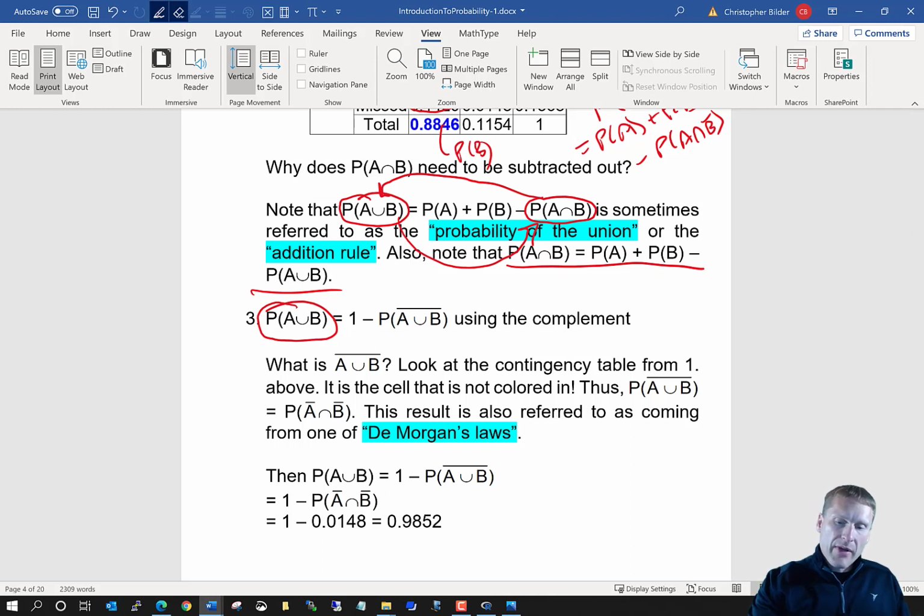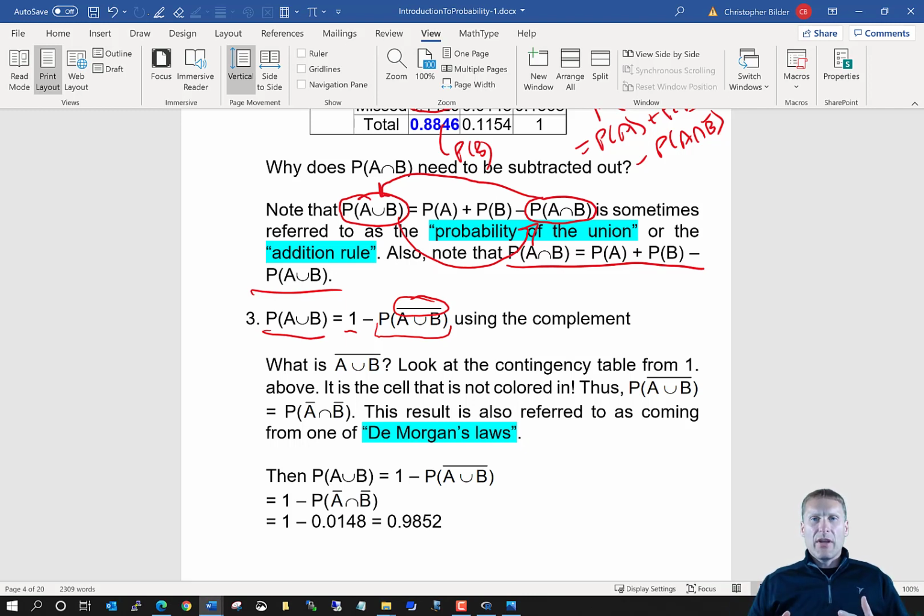And so what ends up happening is that this probability of A union B is equal to 1 minus the probability of A union B, but look at this, we extend the complement all on the top. Well, what is then A union B with that line on the top?